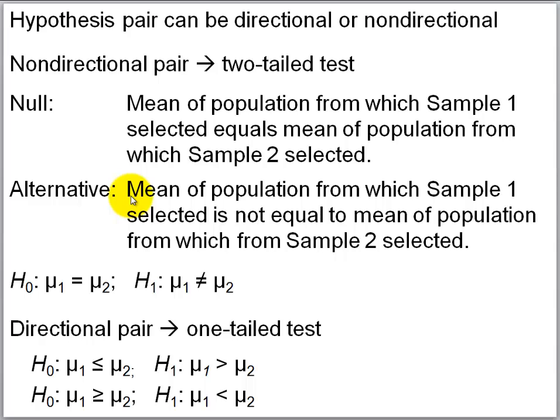And then the alternative would be the mean of the population from which sample 1 has been selected is not equal to the mean of the population from which sample 2 has been selected. Here is the non-directional pair expressed in symbols, and here are the directional pairs expressed in symbols. H1 is carrying the direction of expected results.